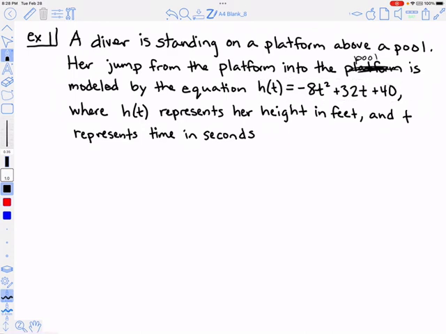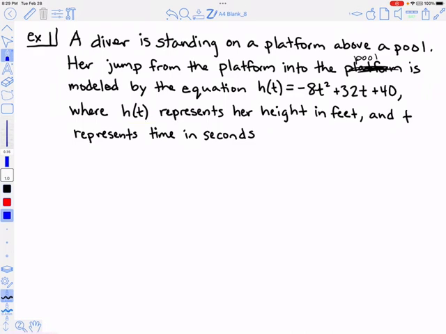And that's a good thing, because now we know what x actually stands for. Our t here is our x, and our y is an h for height, written in function notation. What this means is height based on however much time. The function notation we're probably going to have to review a little bit. So they're saying h of t represents her height in feet, and t represents time in seconds.